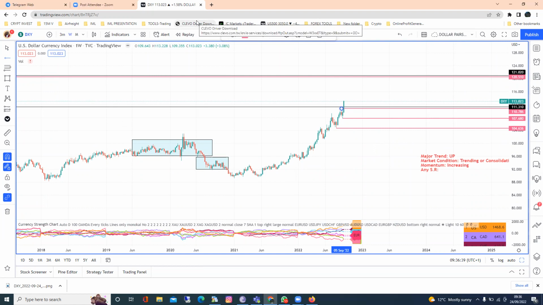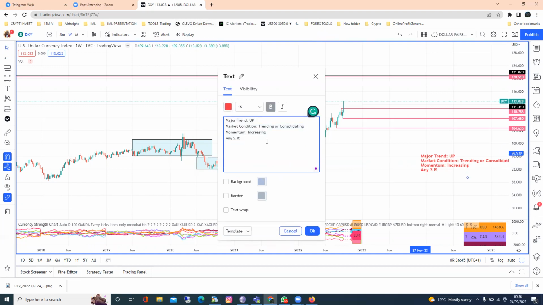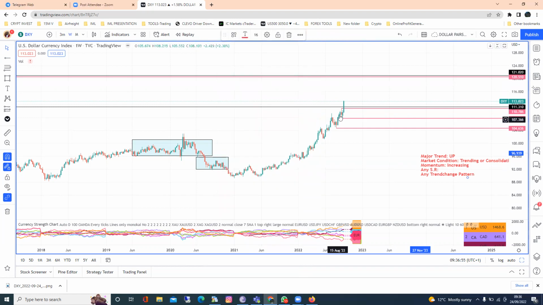So we've marked all those important areas, and then any trend change pattern will be my last question. Any trend change pattern, which means, do I have anything that is changing the direction of the dollar moving up? Currently on this chart, there is none.